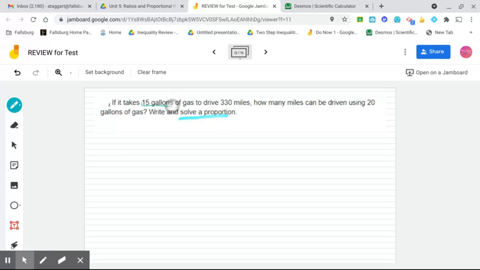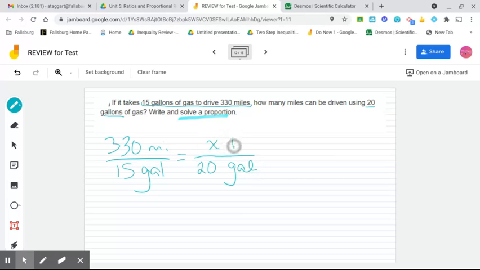So we're going to take our first piece of information, we're going to write that as a fraction. 330 miles over 15 gallons equals, well, we have 20 gallons. Since this is a proportion, gallons have to be lined up with gallons, in this case in the denominator. We don't know how many miles, so that's X miles.